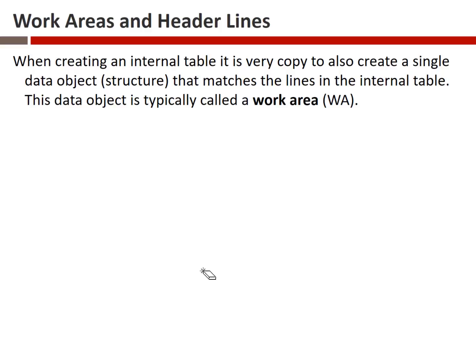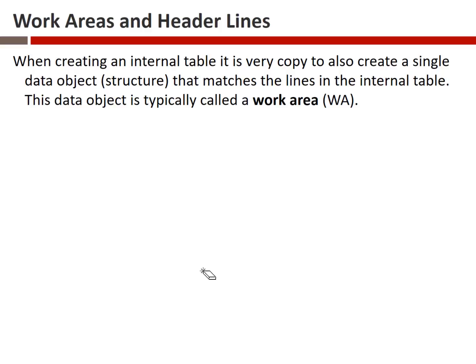I created this internal table that I've drawn on the whiteboard, and it is a three-dimensional object in that it is capable of holding multiple customer information. A work area mimics this structure, but contains only one line, contains only one record, if you will. Okay? So I would have last name, first name, and title.